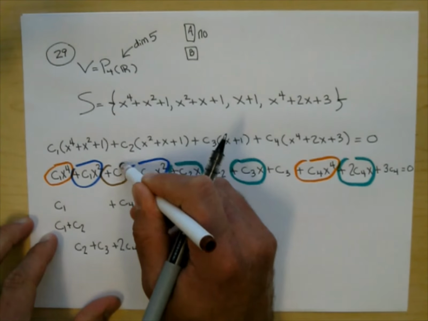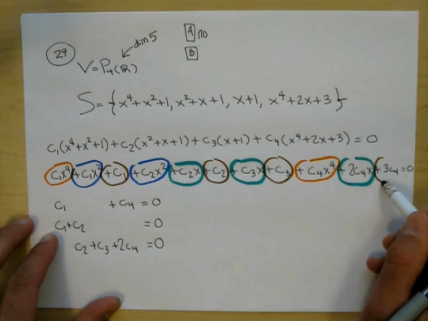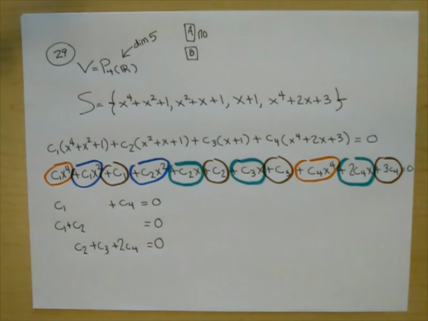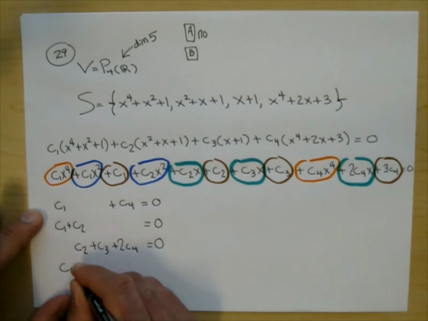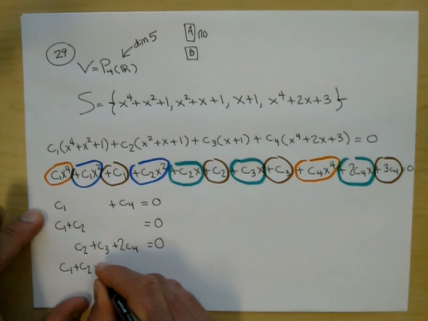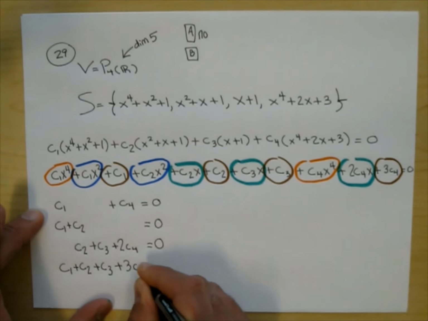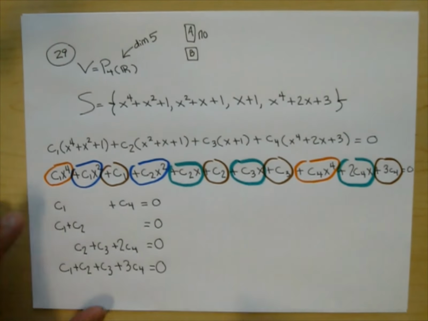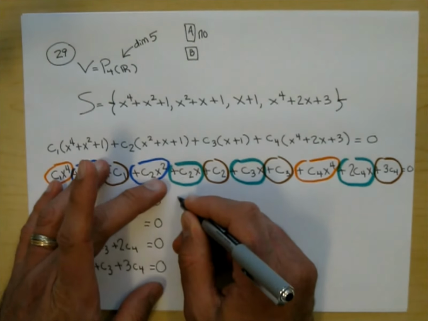So here's a C1, C2, C3, and 3C4. So we have C1 plus C2 plus C3 plus 3C4 equals 0. Oh man, okay, so I can try to go through this and solve this without an augmented matrix. I'm going to go ahead and write the augmented matrix.